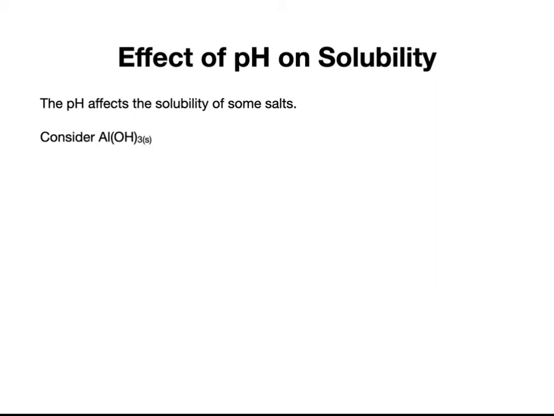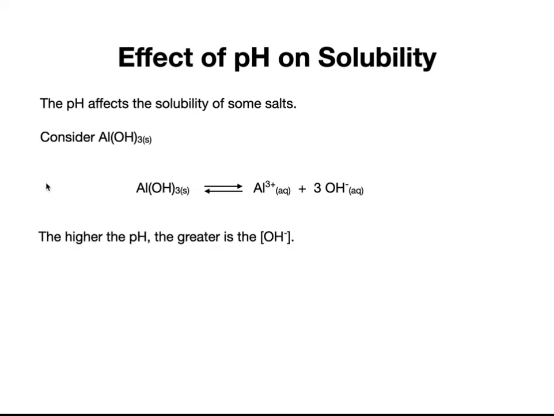So let's consider aluminum hydroxide. Okay, so this is the reaction for aluminum hydroxide, the equilibrium, right, that we have for a saturated solution of aluminum hydroxide. The higher the pH, the greater is the concentration of hydroxide. Okay. Aluminum hydroxide is going to be less soluble at higher pHs.